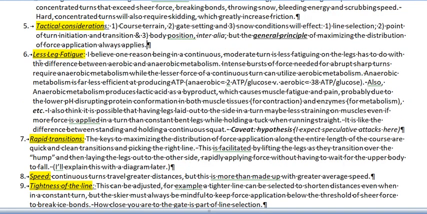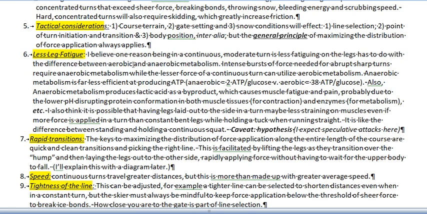All right. Now, I believe when you're in a constant, moderate turn, you're going to get less leg fatigue than if you're holding a tuck and then, when you get to a turn, making a hard, abrupt turn. I believe one reason is the difference between aerobic and anaerobic metabolism.